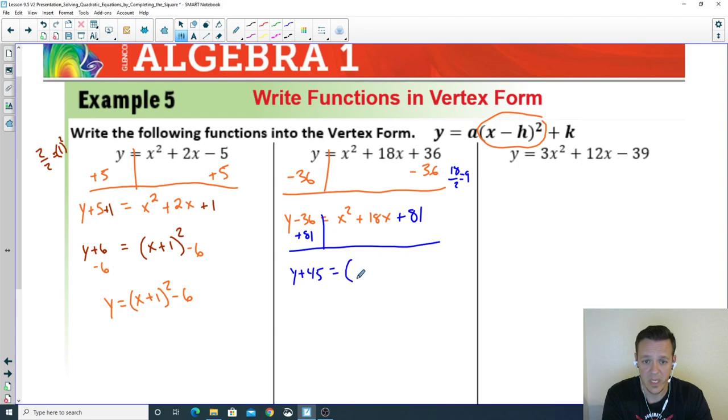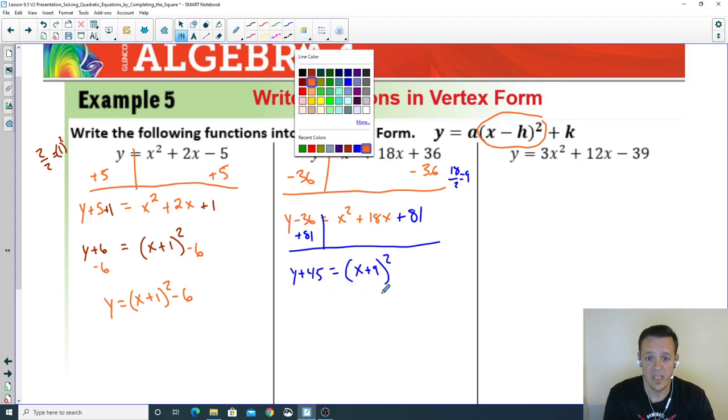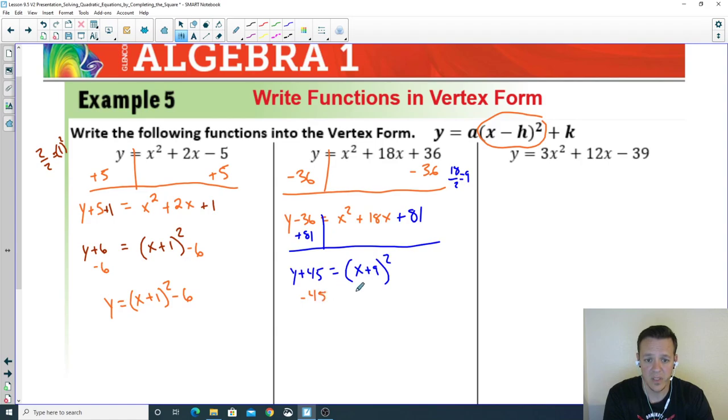That of course would be x plus 9 squared. And now you just basically subtract 45 from both sides, minus 45, minus 45, and there's your vertex form. y equals x plus 9 squared minus 45, and we're done.